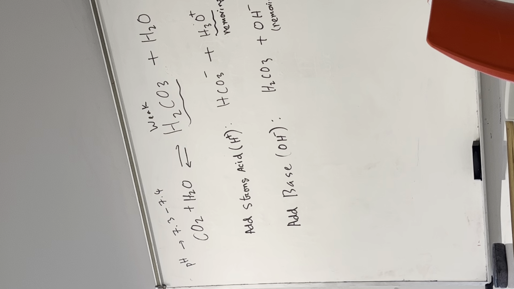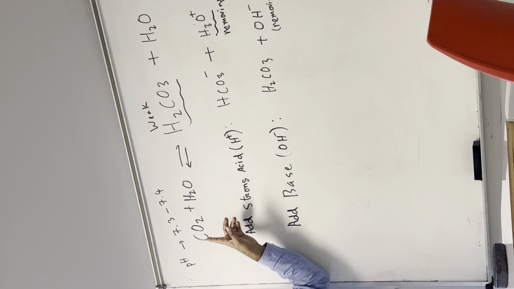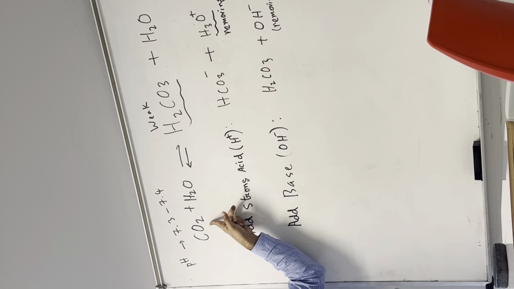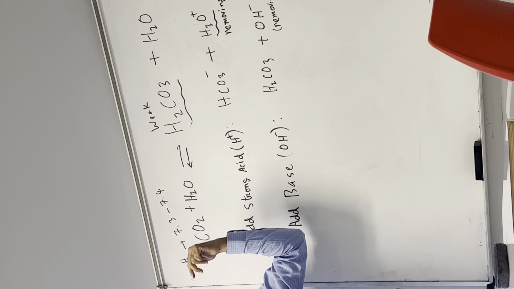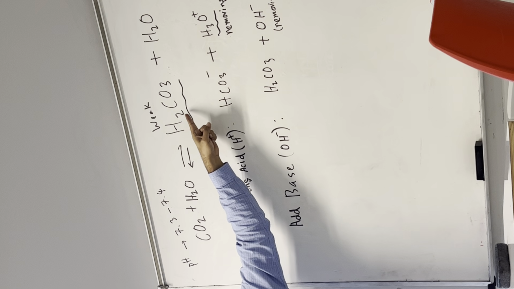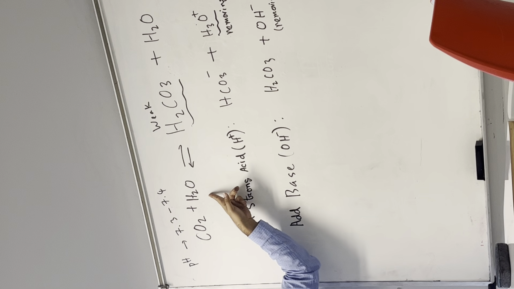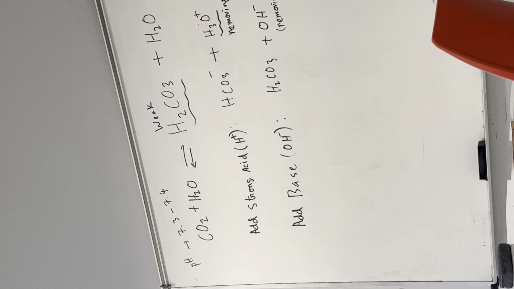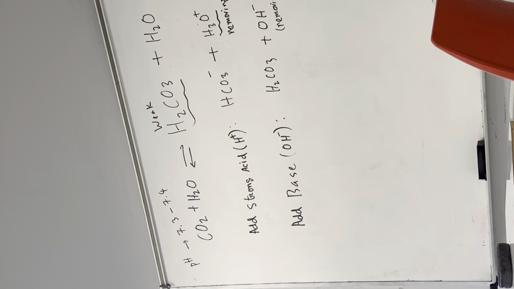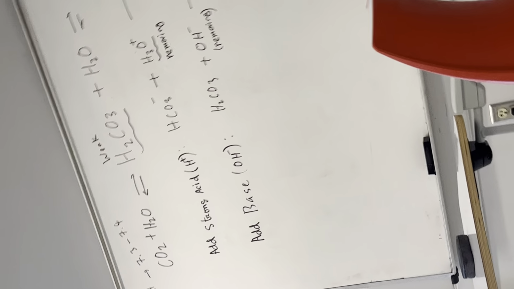If you add more carbon dioxide, the reaction goes to this side, because you have a lot of carbon dioxide. Similarly, if you have a lot of this, the reaction goes to the left side. It is due to Le Chatelier's principle. Have you heard of that? Okay. So this is Le Chatelier's principle.